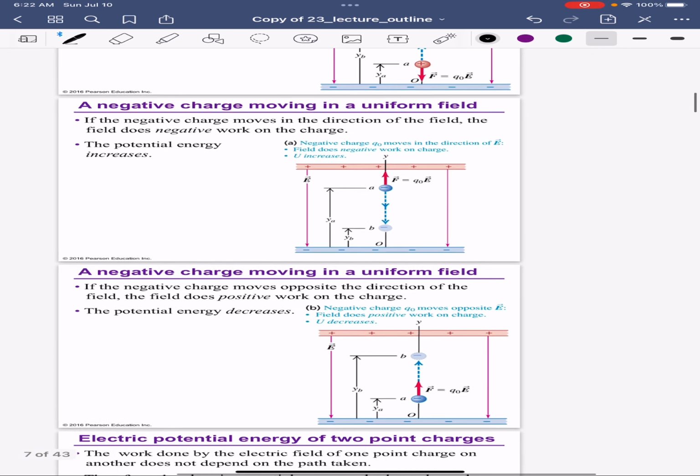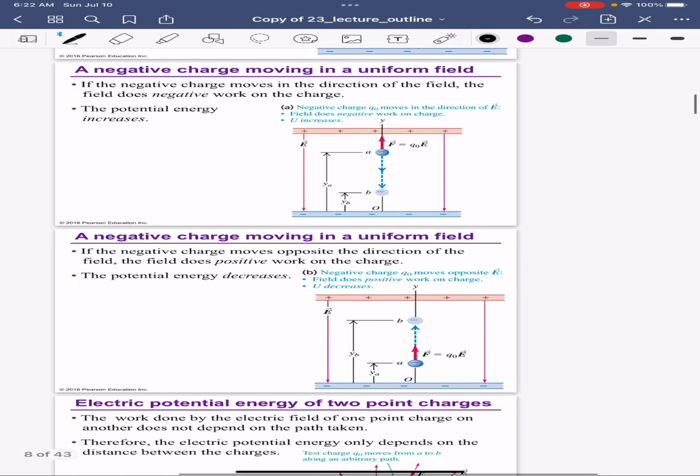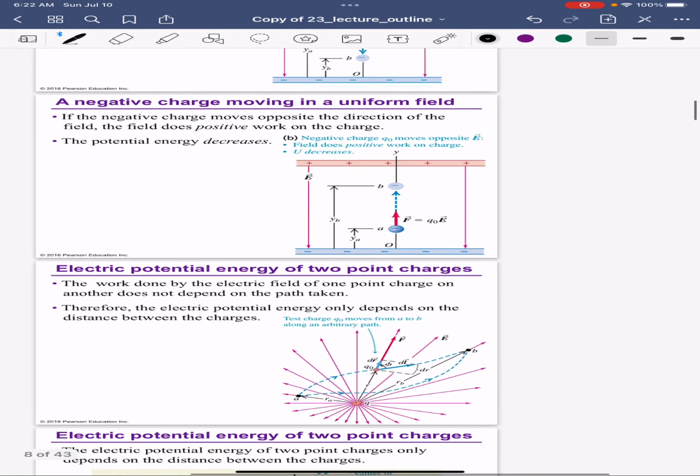It's opposite. And if the negative charge moves opposite to the direction of the field, then the field does positive work on it, and the potential energy decreases.